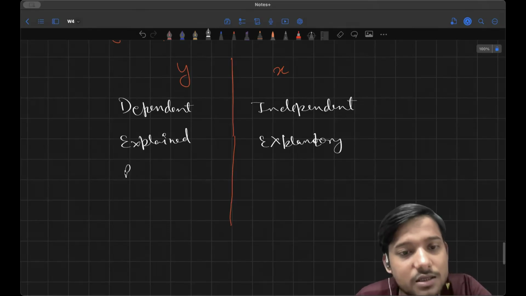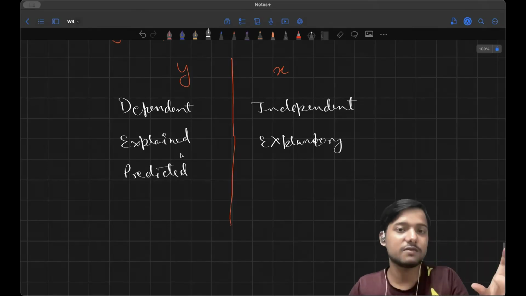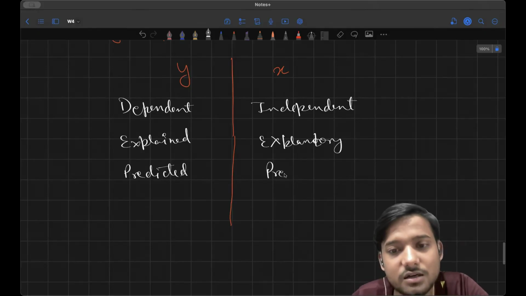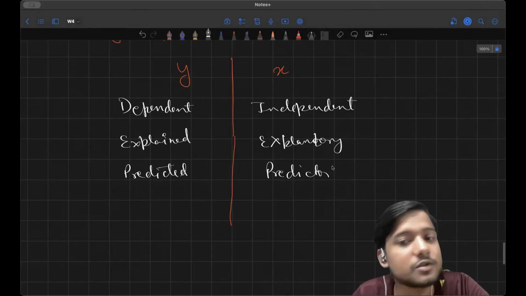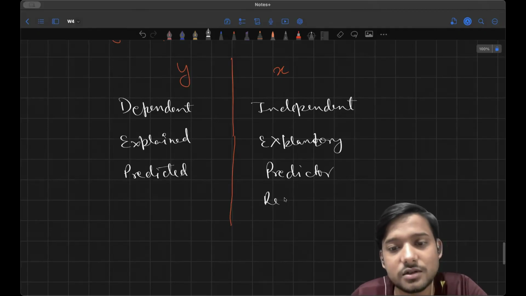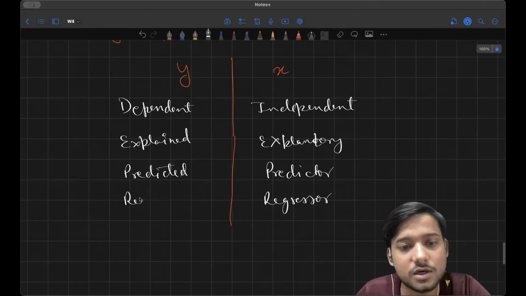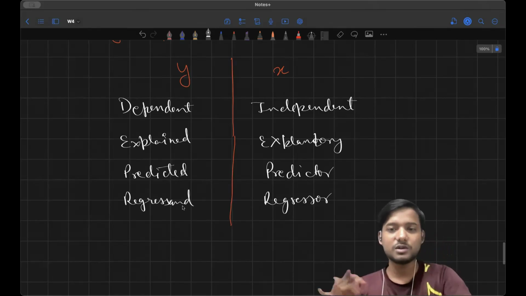So y is something which gets predicted, and then we have predictor. We use x to predict y. Then we also have regressor. So this x is called the regressor, and this y is going to be called the regressand. So these are a few different names which you will see being used here and there.